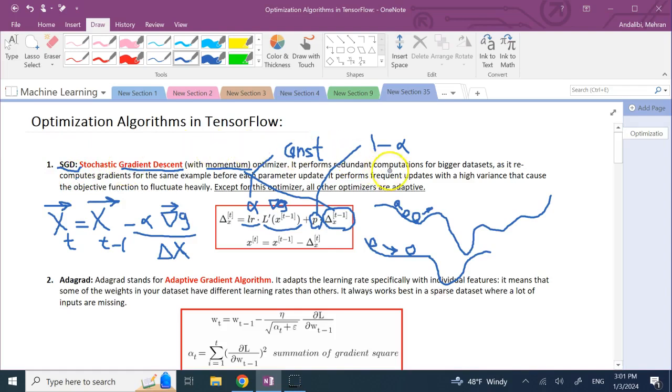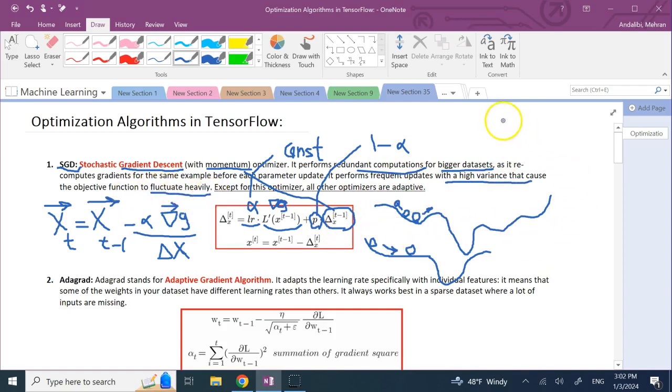One disadvantage of this algorithm is when you have big data sets, it performs a lot of redundant computations, which makes your optimizer versus epoch have lots of fluctuations.